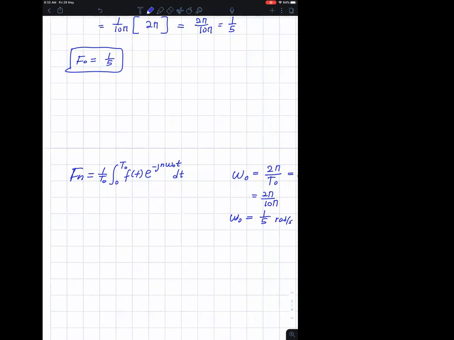Okay, so far, is it correct? Because I'm doing this the first time, I don't have a solution for this midterm. So please check, don't assume that I'm right. Omega naught is 2 pi over T naught. 2 pi divided by T naught, which is 10 pi. Pi's cancel. Omega naught is 1 over 5.